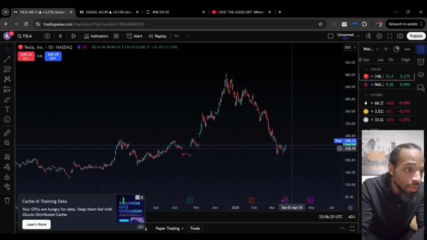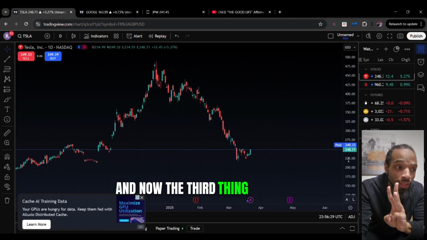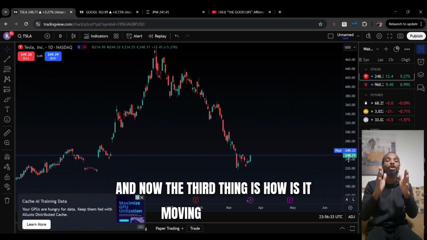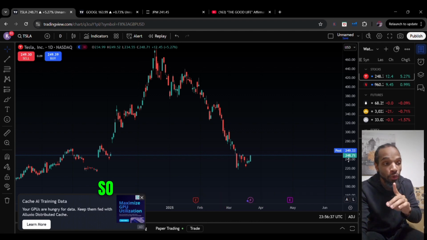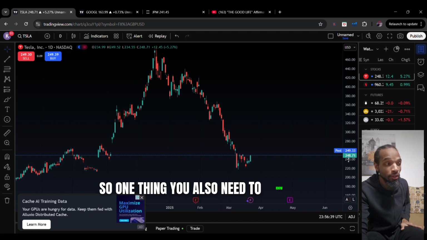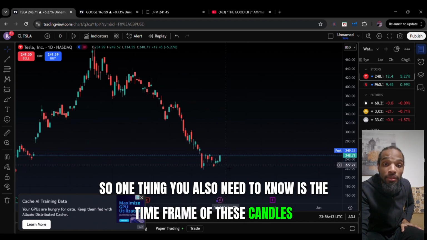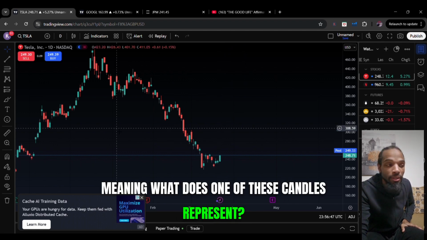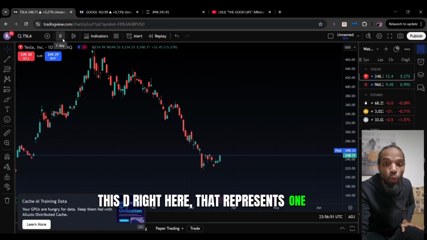I see where the price is at currently. And now the third thing is, how is it moving currently? One thing you also need to know is the time frame of these candles, meaning what does one of these candles represent? This D right here represents 1 day.